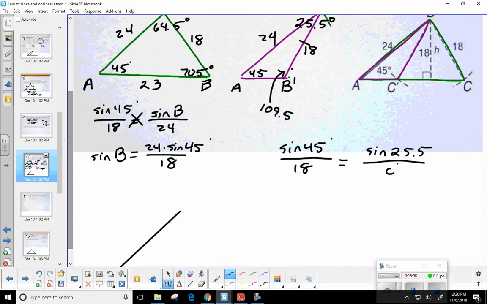So C prime equals 18 sine of 25.5 over the sine of 45. And if you were to plug that in the calculator, you should be getting something around 11. And there you go.